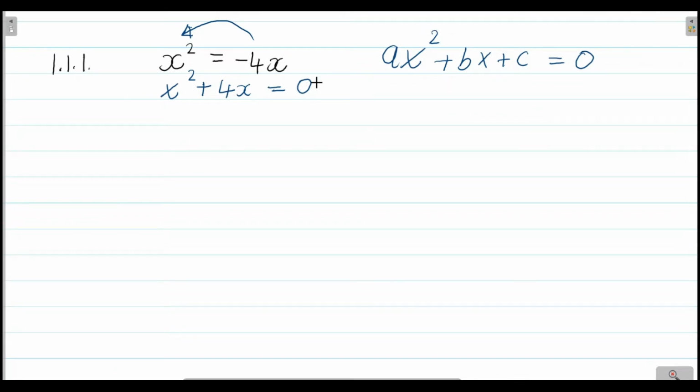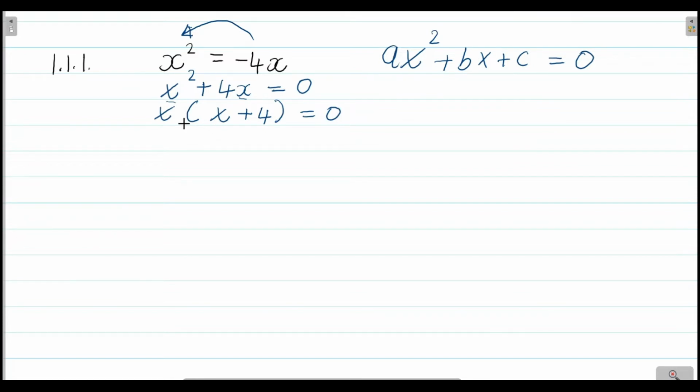So what is the first thing that we see in this case? We see that we've got a common factor, and that common factor is x. So we can take out the x, and you're left with x plus 4, which is equal to 0. From here, we've basically solved this equation.